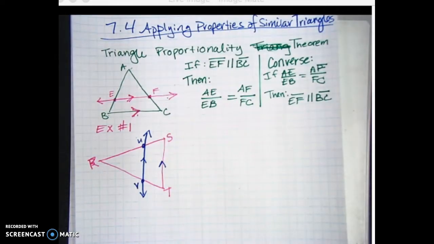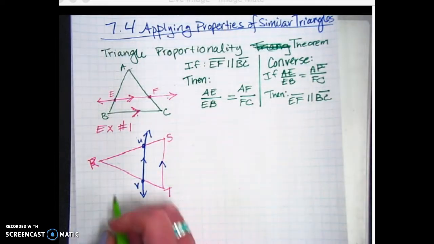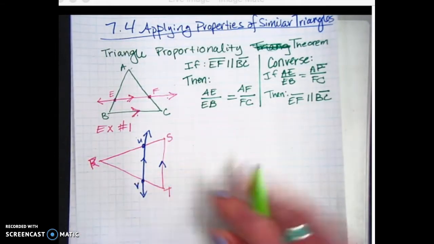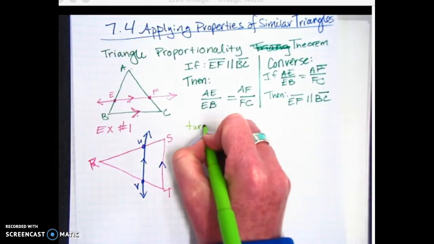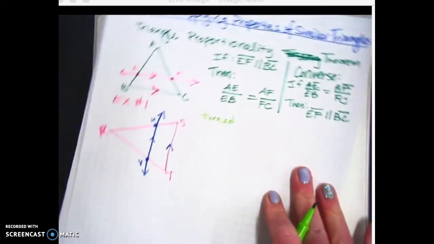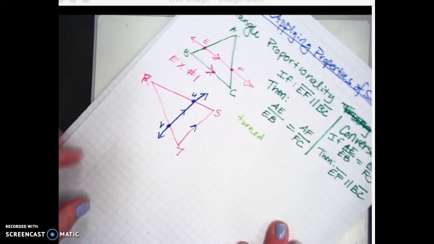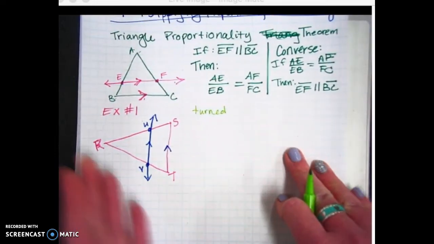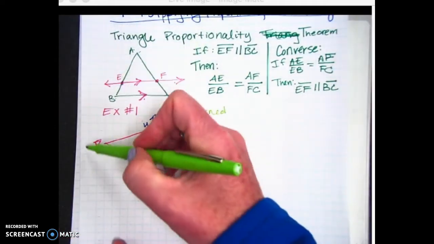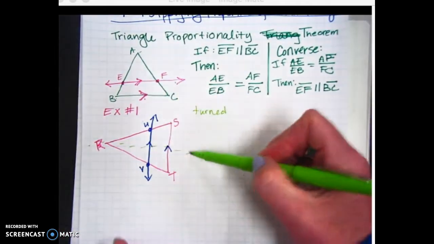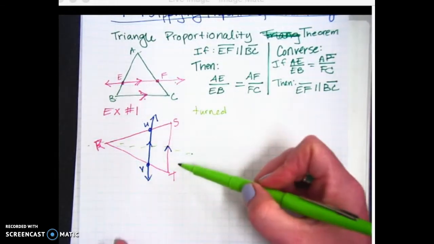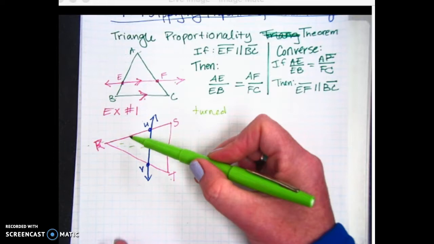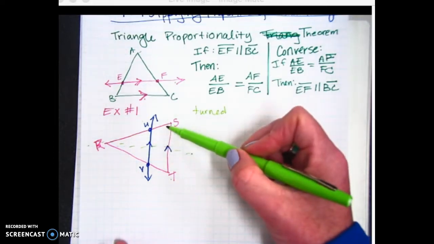Okay? Now let me give you some measurements. Now, it's crooked, right? So it's turned. So if you need to turn your paper, you can turn your paper, or just turn your head, right? So if I kind of just split it down the middle this way, I have my left side, my numerator and denominator, and then I have my right side, my numerator and denominator, okay?